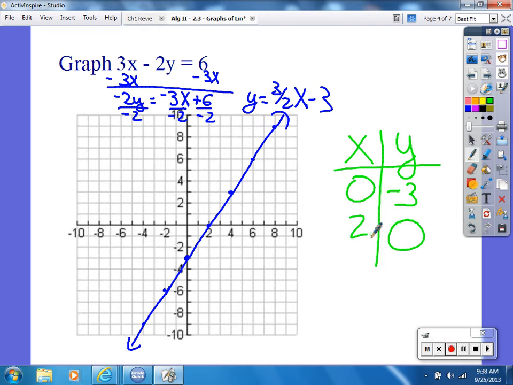So I'm going to graph those 2 points: (0, -3) and (2, 0). If I connect them, what line do I have? This one. So it works for graphing an equation, right? But what happens when we get to graphing systems of equations? Do you think you'll find that point where they intersect as well? No. So I recommend the first way.